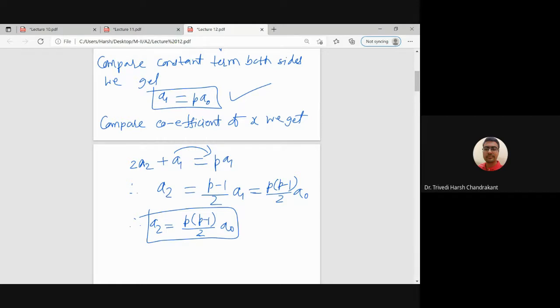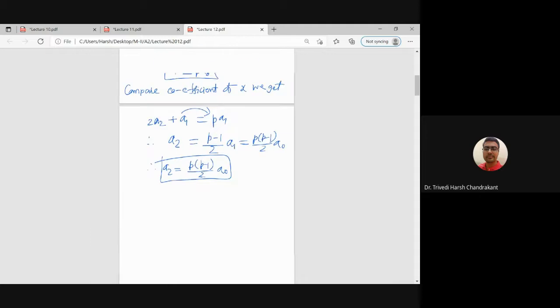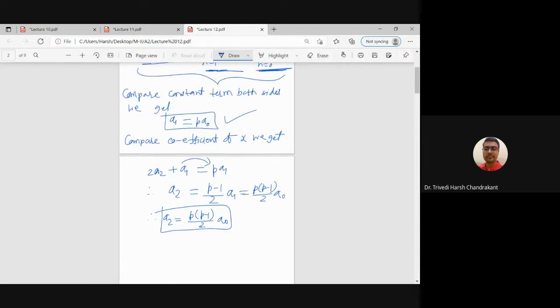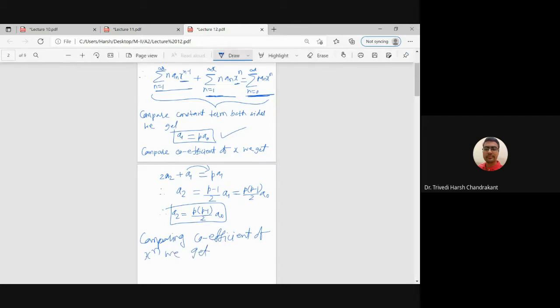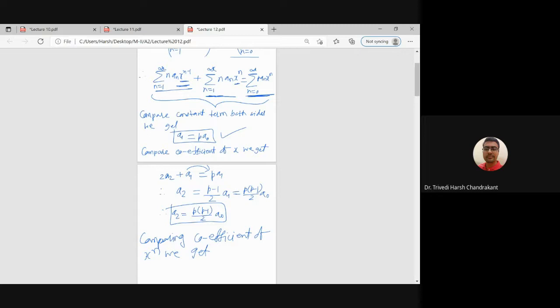So this way, if we compare the nth term, what shall we get? Comparing the coefficient of x power n. On the left side, if we want the x power n term, we need to substitute n plus 1 instead of n, right?